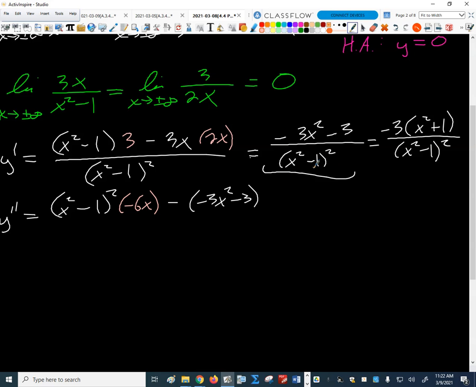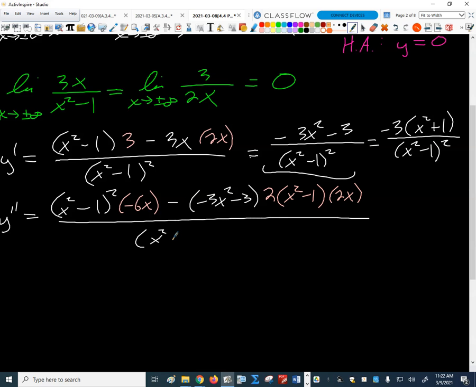Now that's the chain rule, right? I've got x squared minus 1 squared, so I get 2 times x squared minus 1 times the derivative of x squared minus 1, which is 2x, divided by the bottom squared. Well, x squared minus 1 squared squared is just to the 4th power.